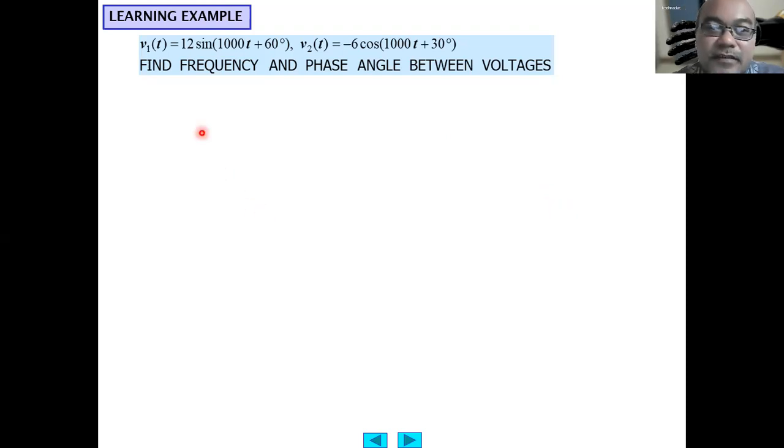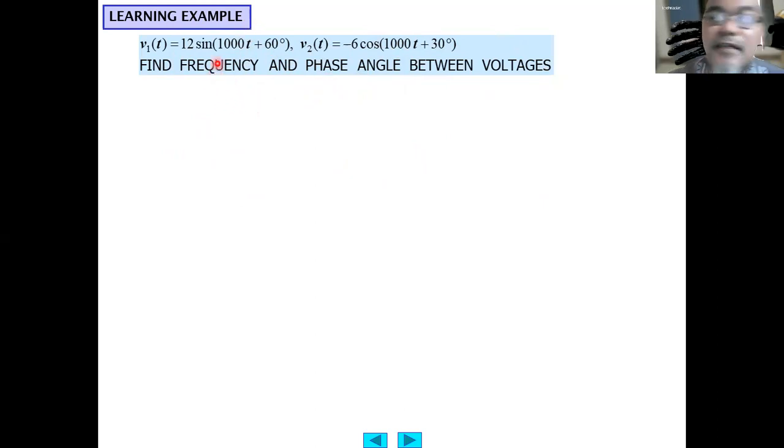The frequency and the phase angle. Now, since they are different, one is sine, the other one is cosine, we have to try to make them the same function, either as sine or as cosine. After which we can determine the phase angle difference between the two voltages.